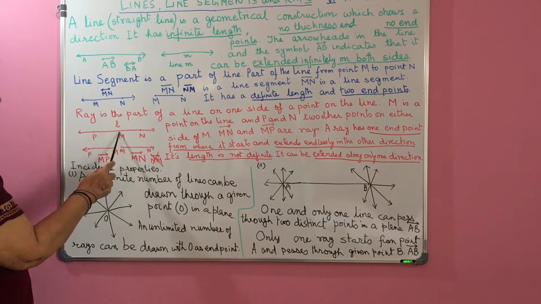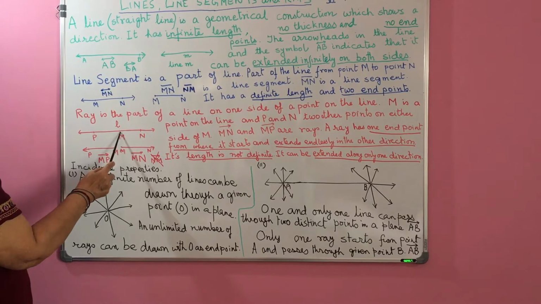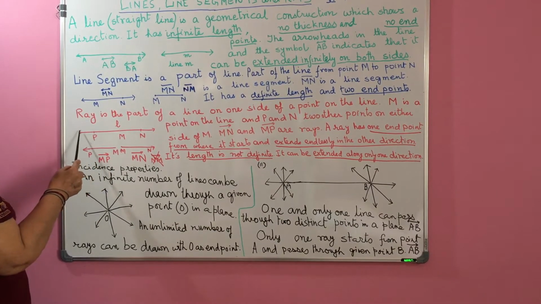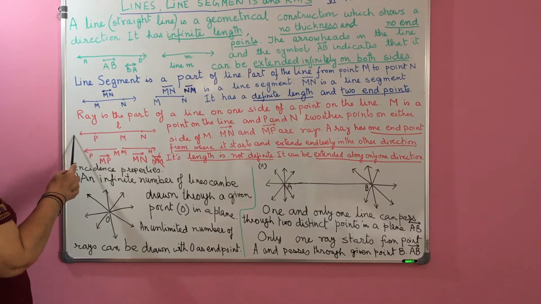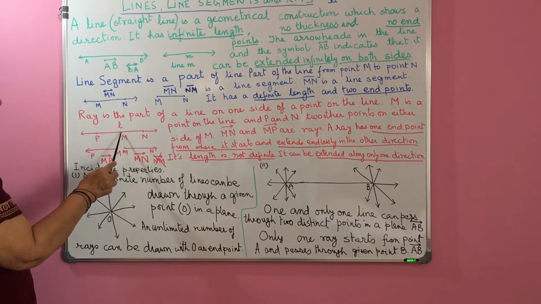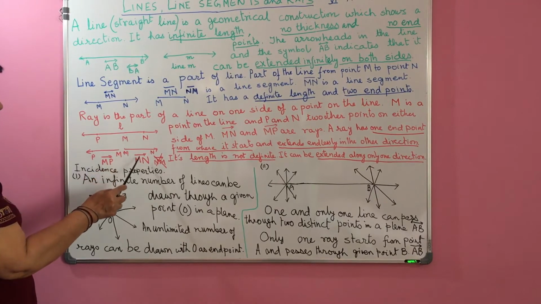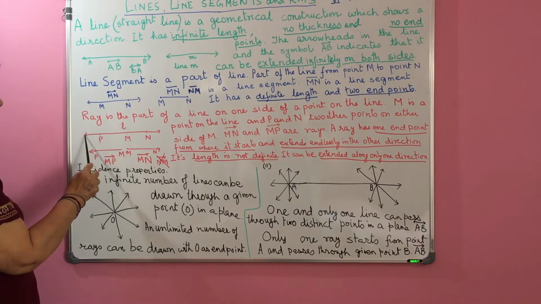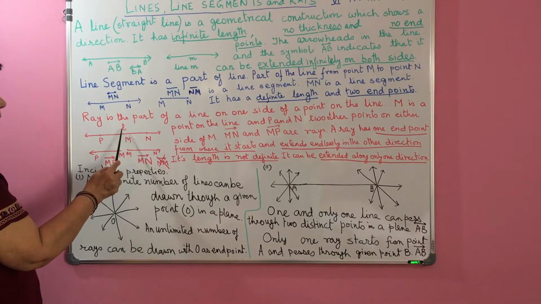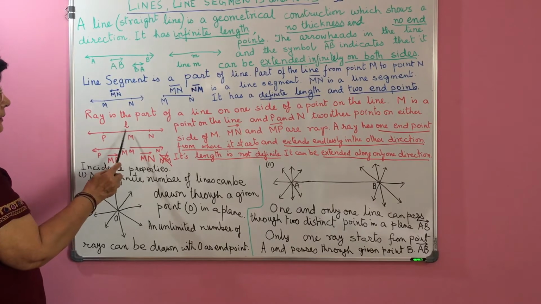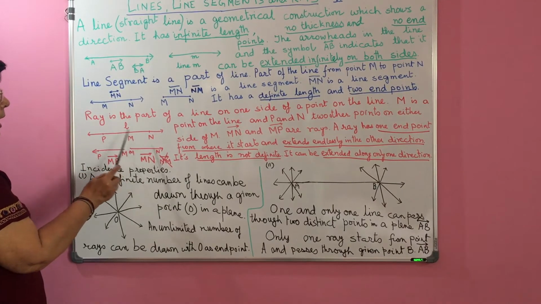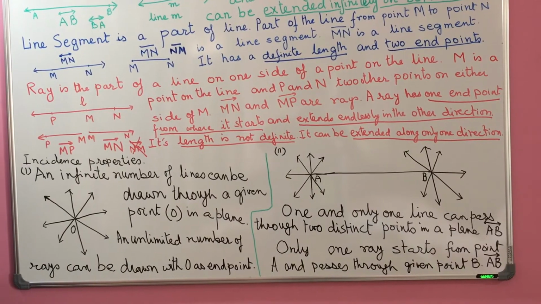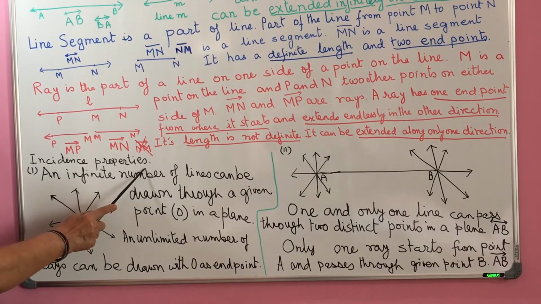In the same way, MP is a ray starting from the point M and can be extended along the direction P. Now the starting point of both these rays, MN and MP, is M. And since they are part of the same line L, we can say that the two rays MN and MP are opposite rays.